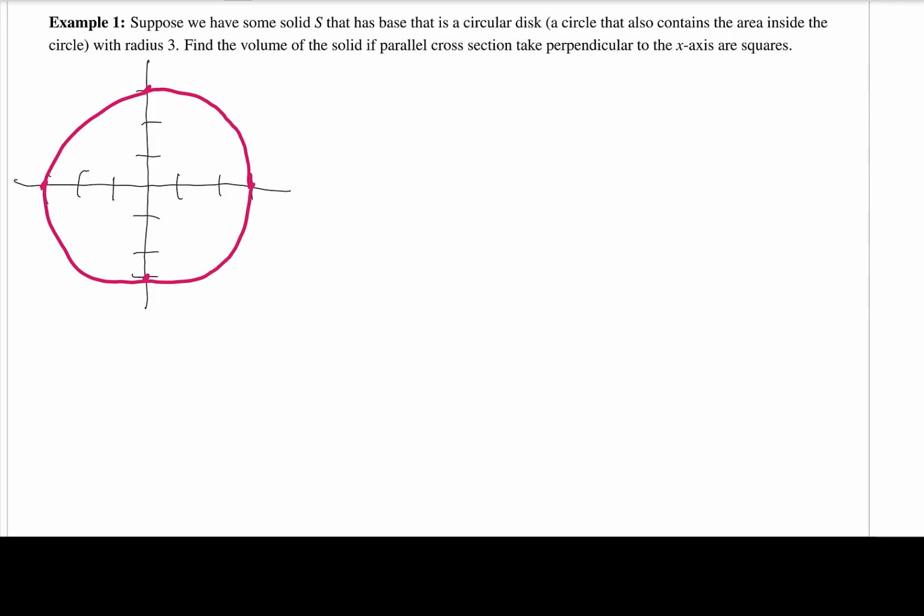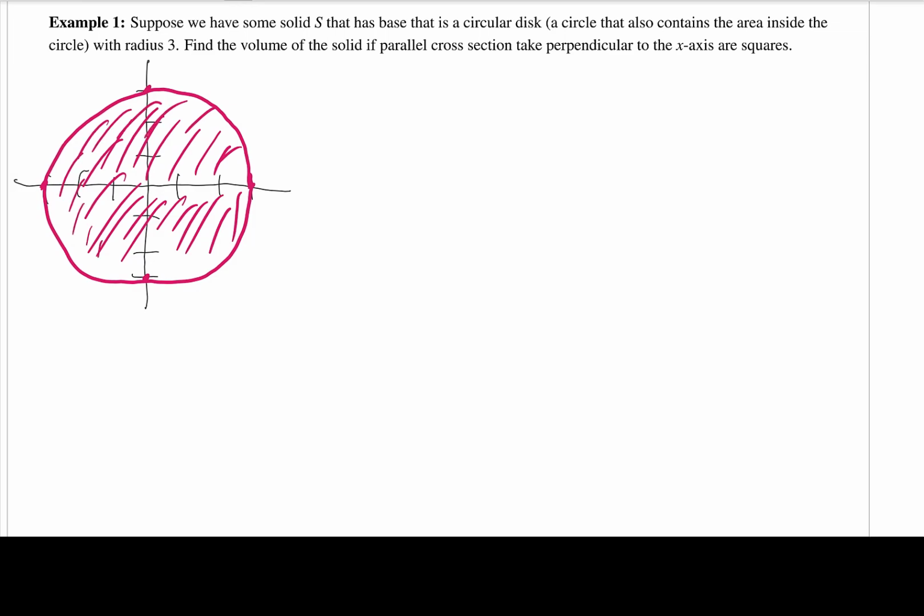I know per the usual I have really good drawing. Okay, and then we shade in all of this inner part to show that this is included in our base, right? So you can kind of think of it as like a frisbee, but this is a two-dimensional object. And now I want to point out something really key.